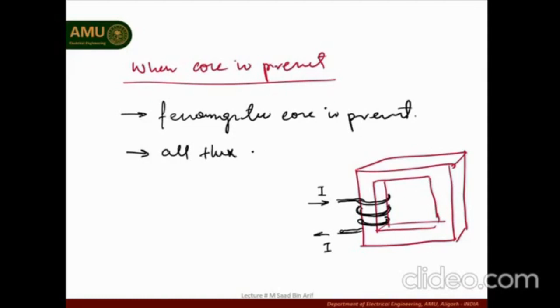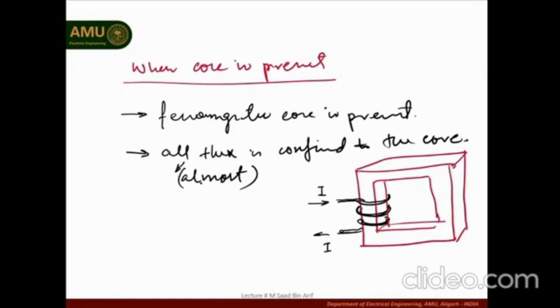Here what we have is, we have ferromagnetic core. Ferromagnetic core is present. Then you will find that almost all flux is confined in the core.